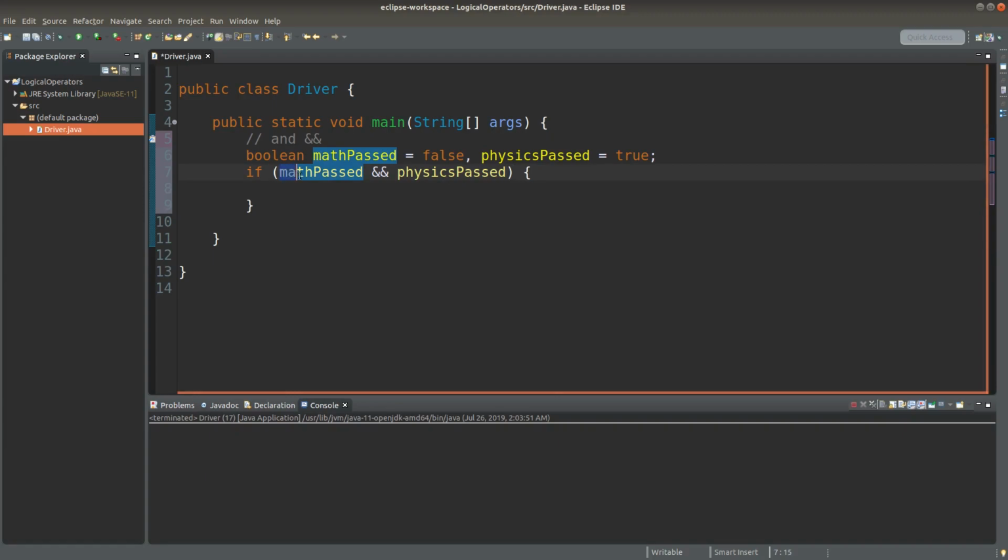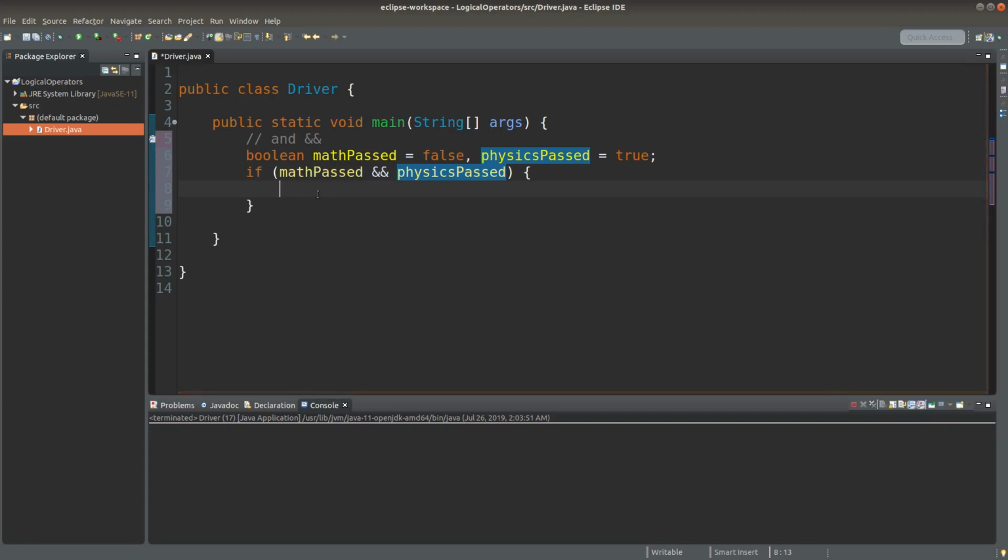The whole thing is surrounded by a pair of parentheses, and math passed and physics passed is given here. It means that I have to pass both subjects in order to study engineering.